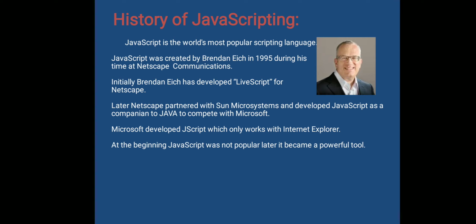In those days, Netscape and Microsoft both were competitors. So Netscape partnered with Sun Microsystems. At that time, Sun Microsystems had designed Java. So both Java and JavaScript are different, but they partnered and created JavaScript from LiveScript.